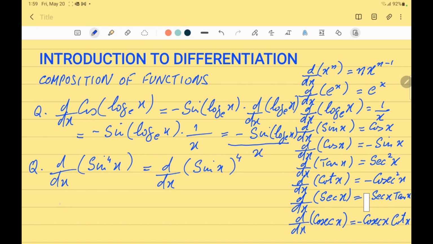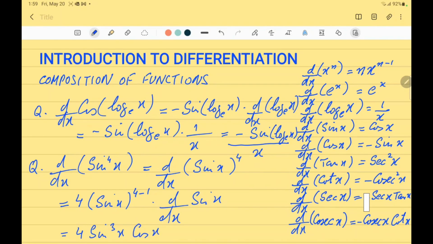Now we differentiate it: 4 sine x raised to power 4 minus 1 into differential of sine x. So the final answer is 4 sine cube x into differential of sine x, which is cos x. So this is our final answer.